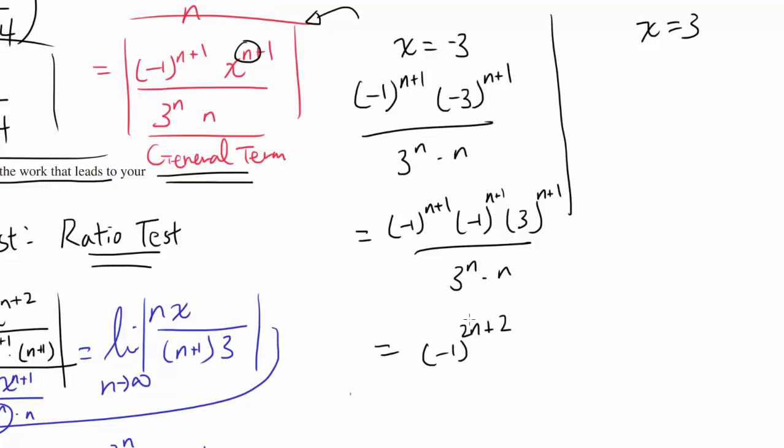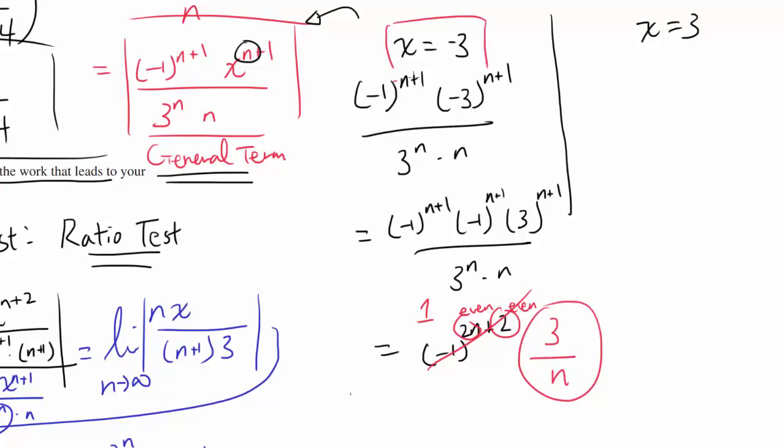Because 2n is even, and adding 2 keeps it even, you have -1 to an even power, so this entire thing becomes +1. And 3 to the n plus 1 over 3 to the n is simply 3, dividing by n. So the general term, when x is -3, becomes 3 over n.